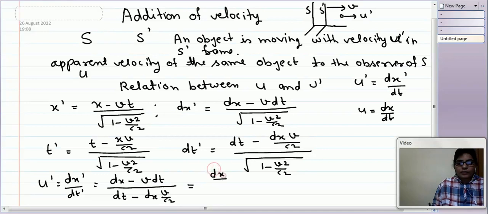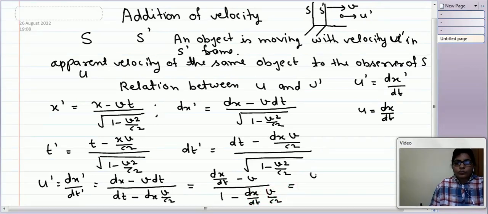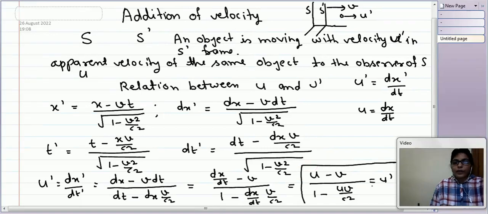It will be dx by dt minus v divided by 1 minus dx by dt into v by c square. So this is equal to u minus v divided by 1 minus uv by c square, which is u dash. This is the required equation: u dash is equal to u minus v over 1 minus uv by c square. And now we can write the inverse relation.